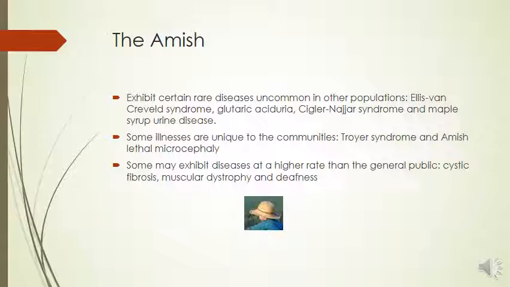Some illnesses are unique to the communities and aren't found anywhere else, for example, Troyer syndrome and Amish lethal microcephaly. Because of the consanguinity, we also see diseases at a higher incidence than in the general public, such as muscular dystrophy, deafness, and cystic fibrosis.